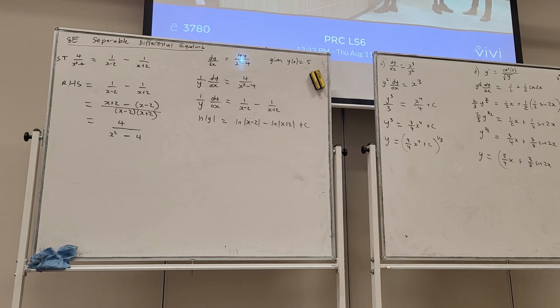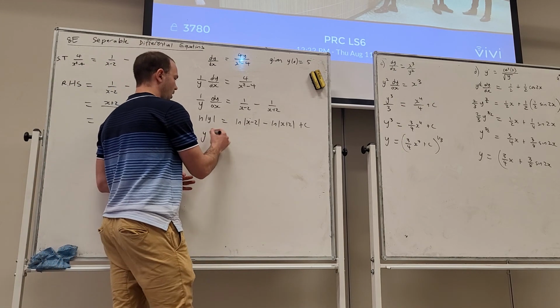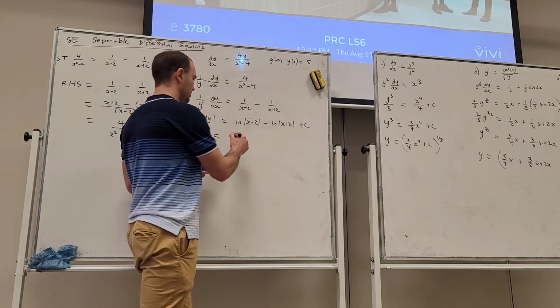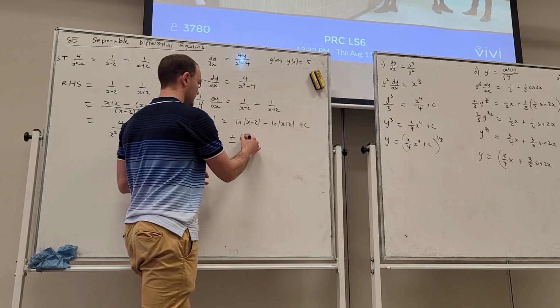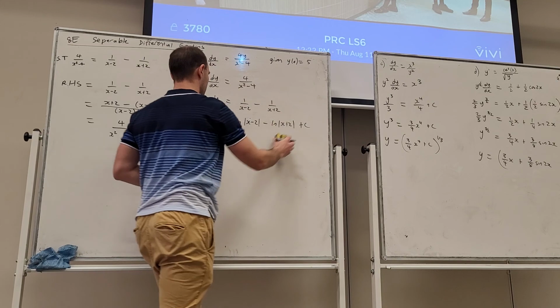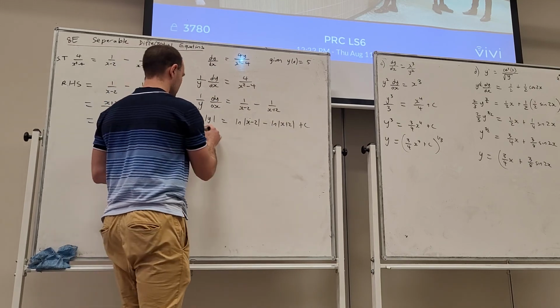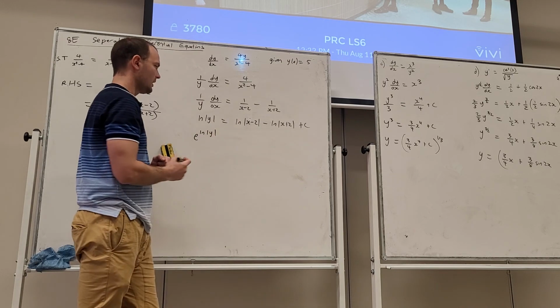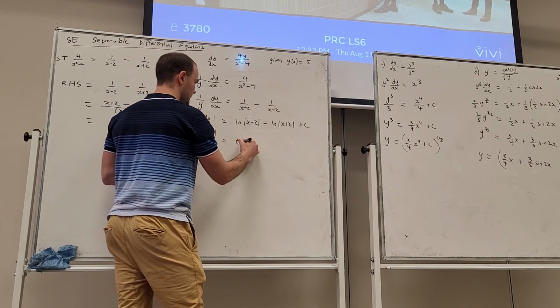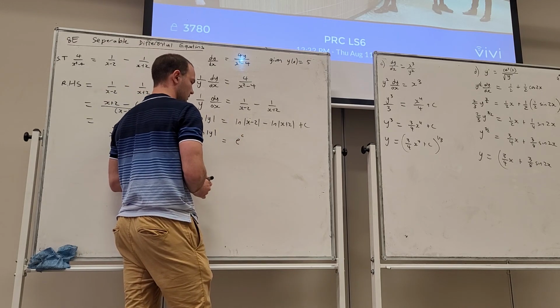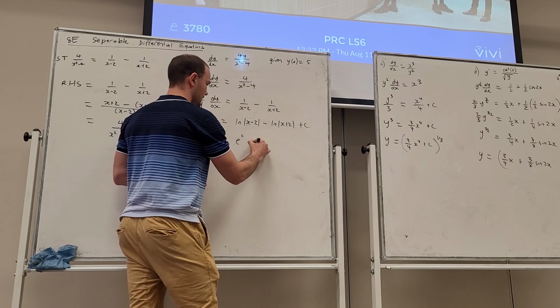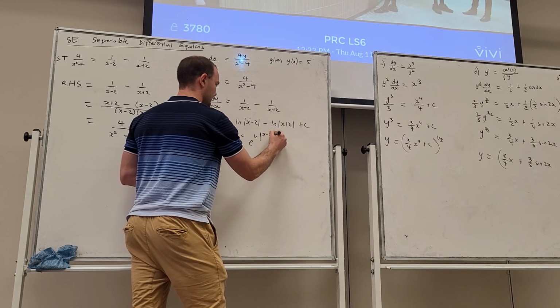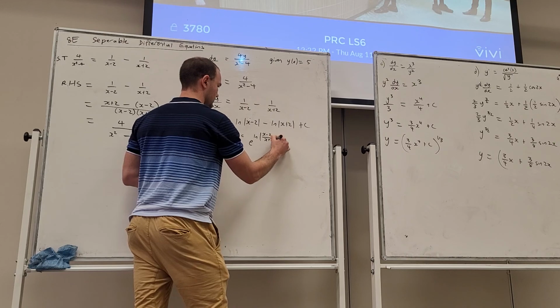Okay, e to the power of both sides. Before we do that, let me show you one thing. We've got e to the ln y is equal to e to the c, e to the ln modulus of x take 2 on top of x plus 2.